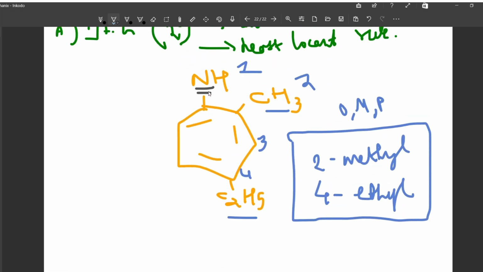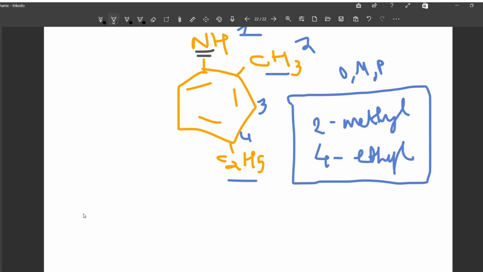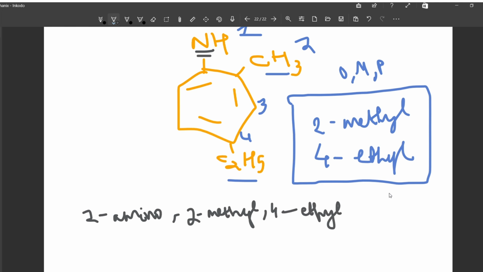If we were to name NH2, we would have gotten 1-amino, 2-methyl, 4-ethyl, benzene. This name is right too, but a more appropriate name would be something else.